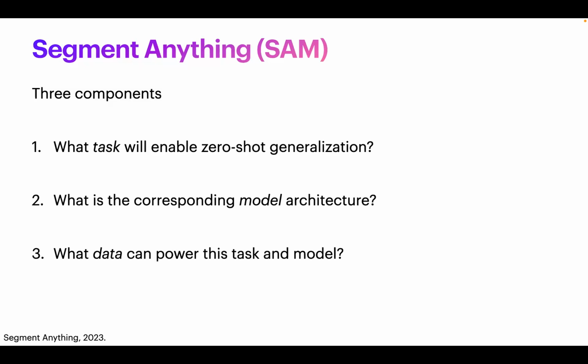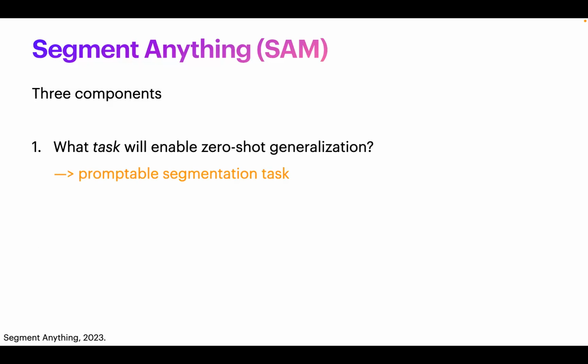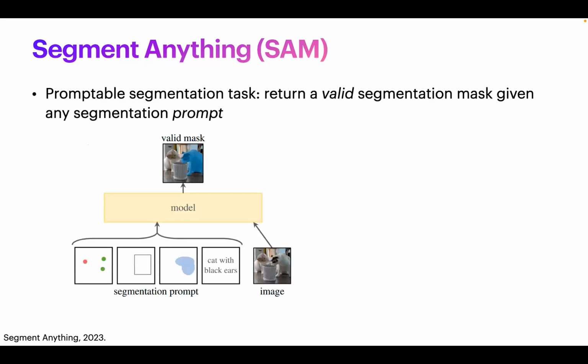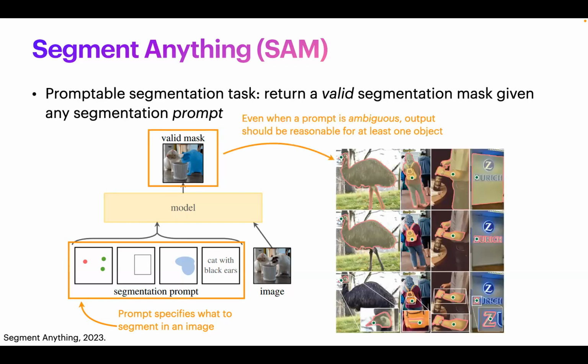For the first question, they define a promptable segmentation task. What this prompt does is specify what to segment. The prompts can be points, boxes, or masks, and the segmentation model should generate a valid mask in response to prompts.